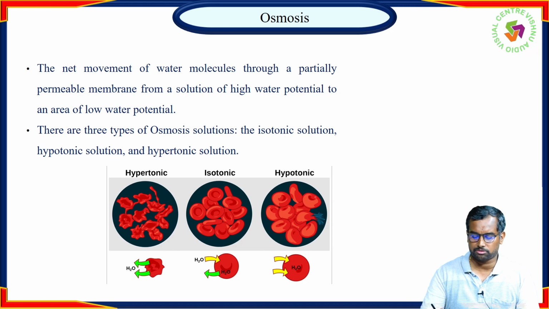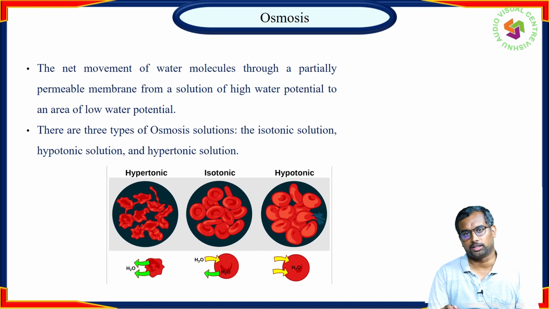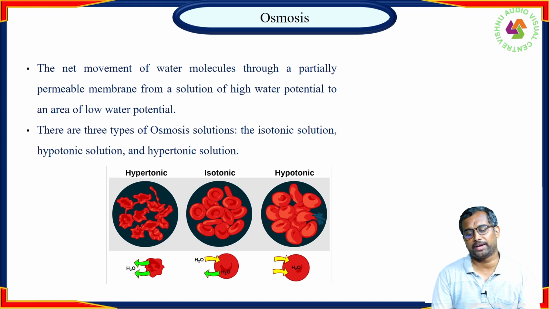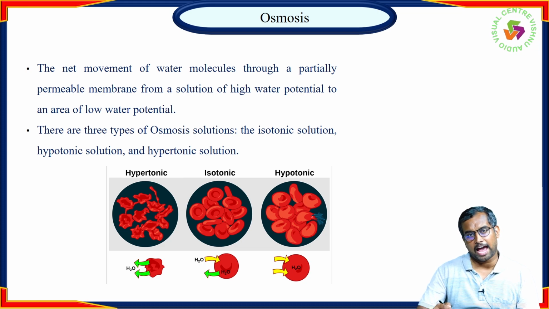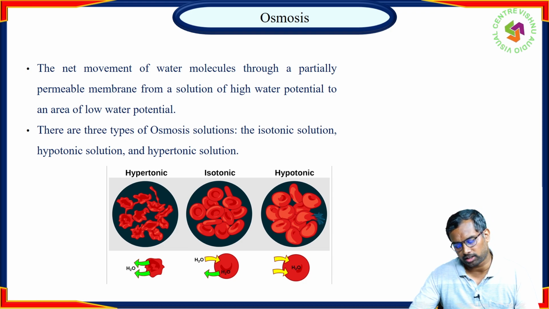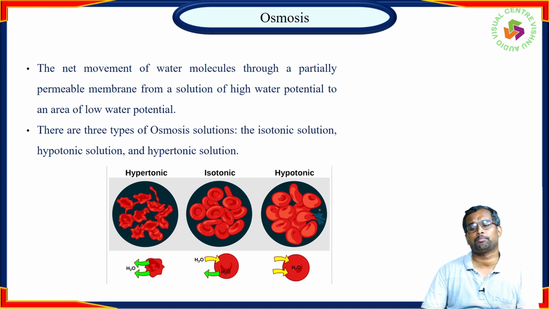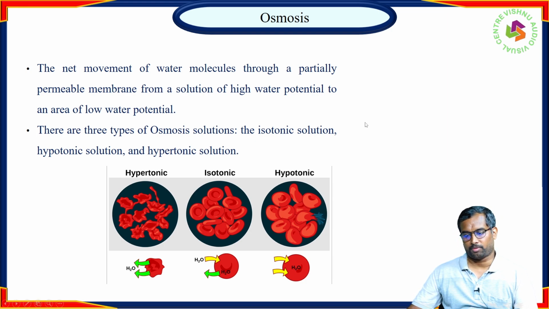This particular case, where the concentration of water exterior to the cell is higher than the concentration of water interior to the cell, which leads to the flow of water into the cell and finally the breakage of the cell, we call the hypotonic condition.